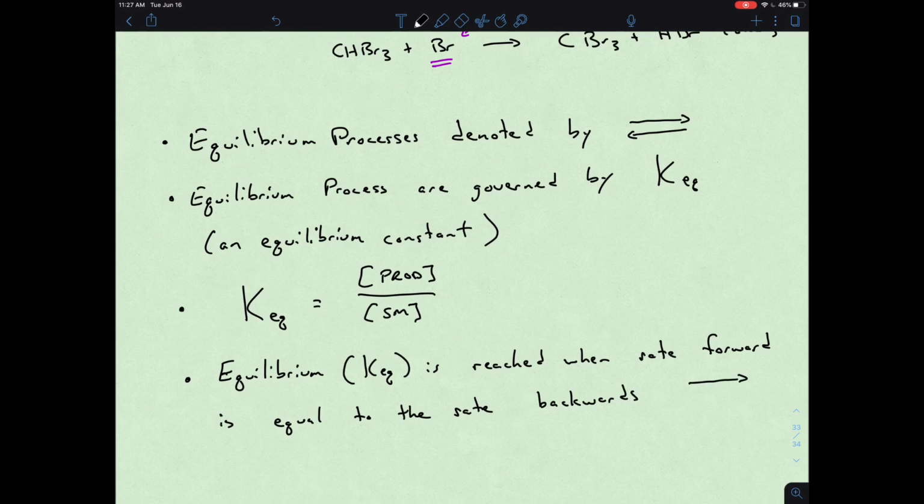And we're talking about forwards and backwards here as far as those arrows are concerned.